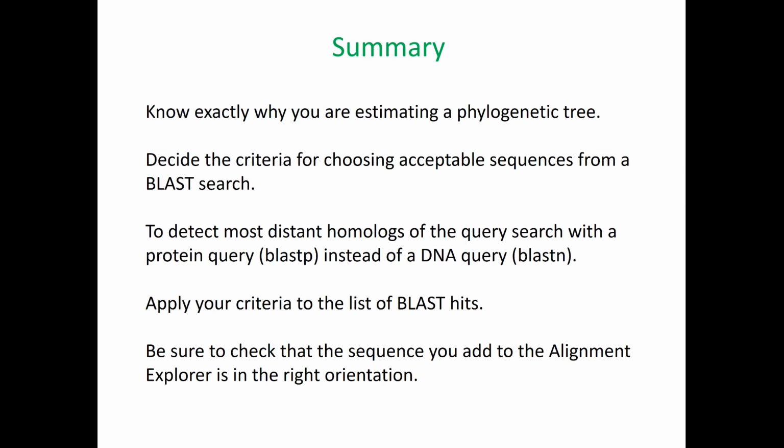And the application of those criteria is what's going to determine what winds up on your tree. To detect the most distant homologs of your query, do a protein query with BLASTP instead of a DNA query. And then apply your criteria for choosing them quite rigorously. It's good to write those criteria down and have them in front of you as you're looking down here, because if there's one thing you want to do, it's be consistent in your choices.